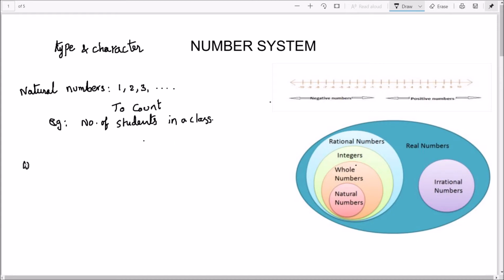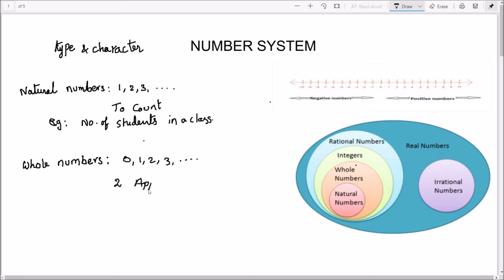The next one is whole numbers. Whole numbers start from 0 and there is no end for whole numbers also. Along with all natural numbers, 0 is also there in whole numbers. Here I am giving one example.